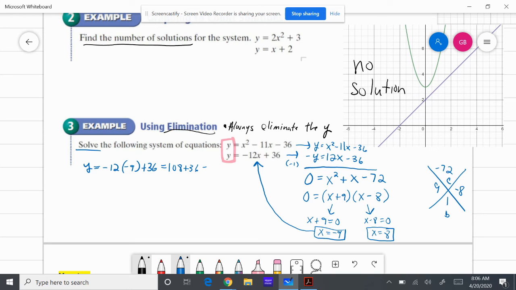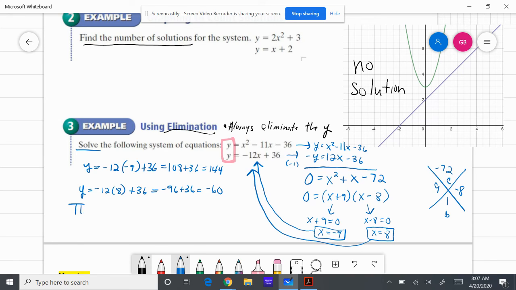That's going to be 144. And then for the other one, I'm going to plug in the other x value also. So negative 12 times 8 is negative 96 plus 36 is negative 60.